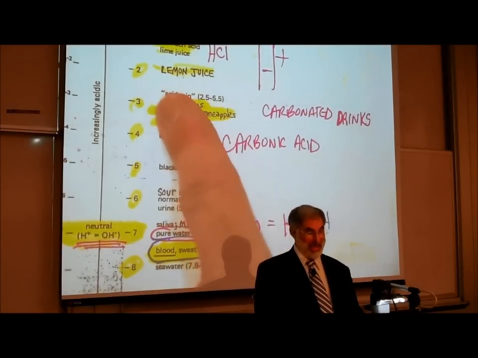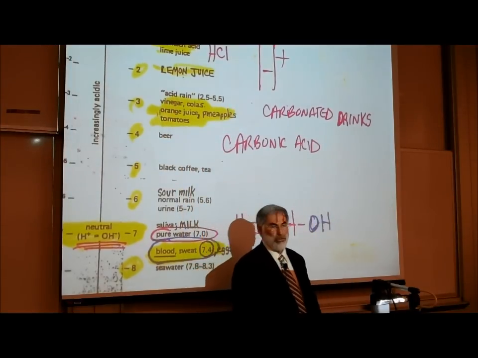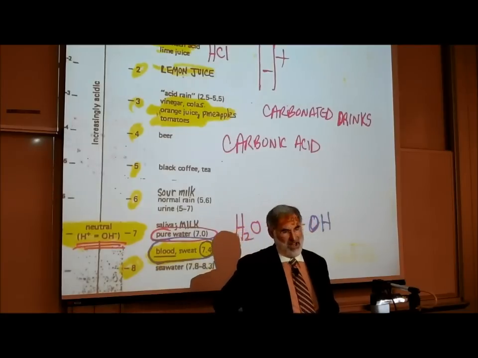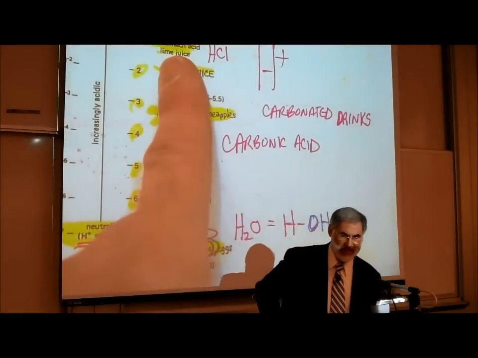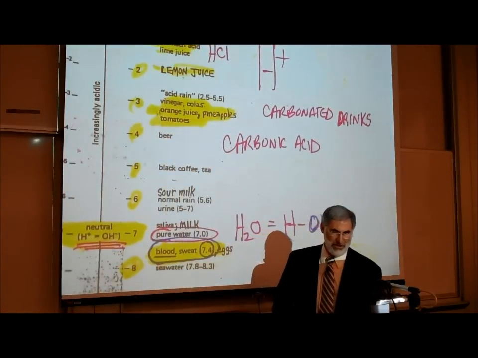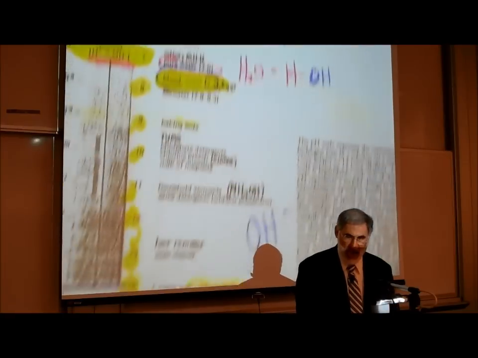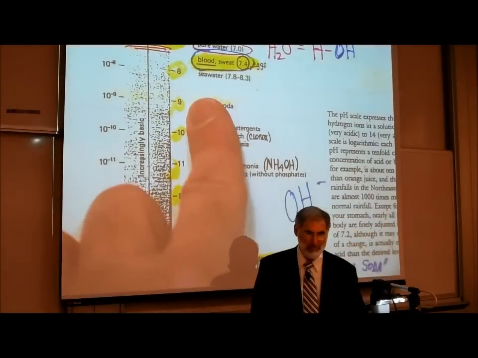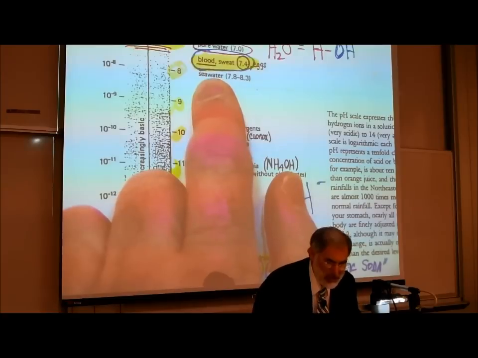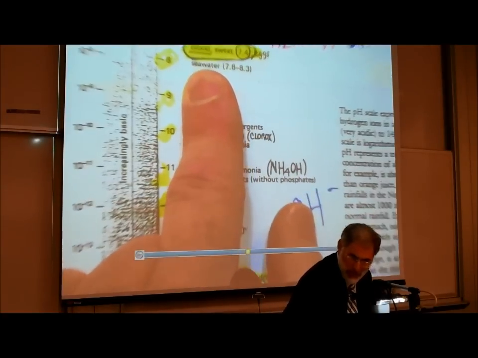Lemon juice has a pH of 2, lime juice a pH of 1, and the fluid that's secreted by your stomach, which includes hydrochloric acid, has a pH of 1. Battery acid, which you don't want to spill on yourself, is approaching a pH of 0. Now in the opposite direction, I do want you to know that the normal pH of blood is 7.4.